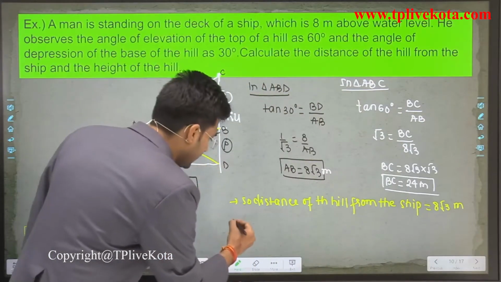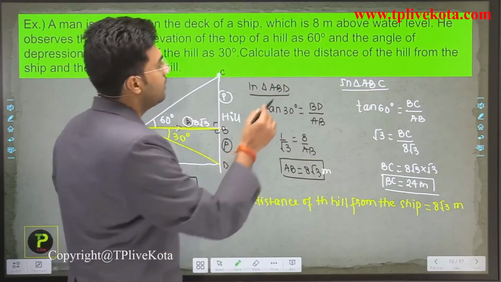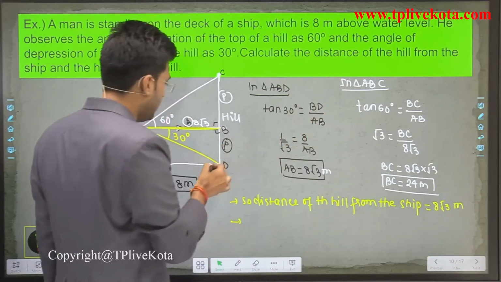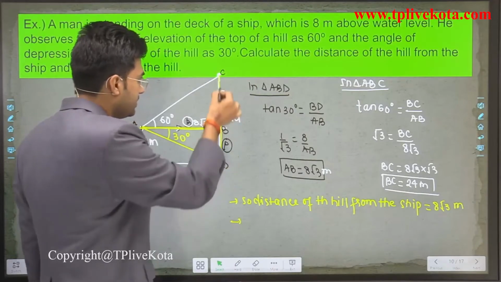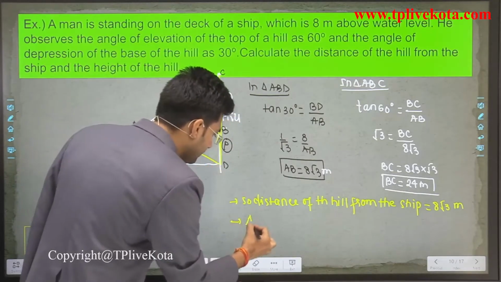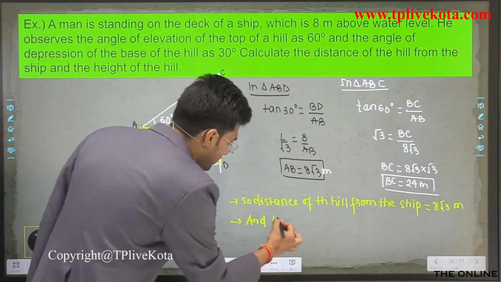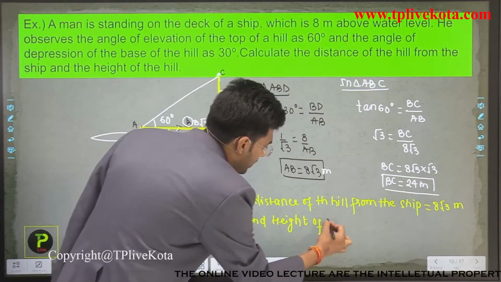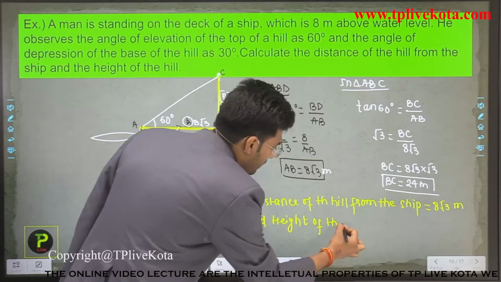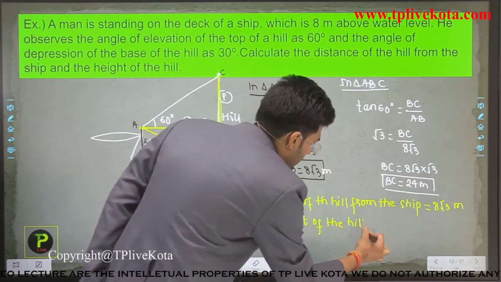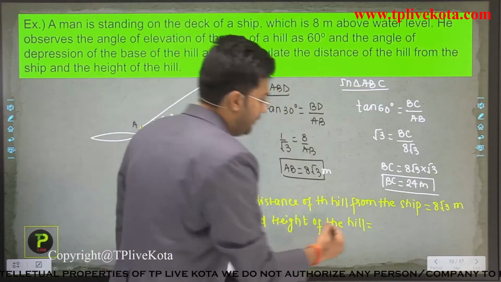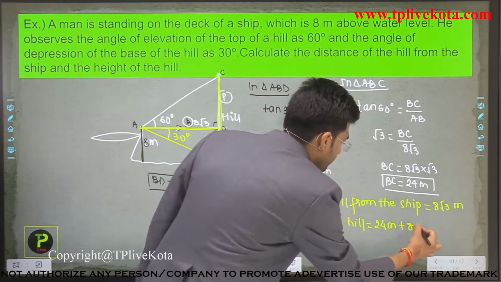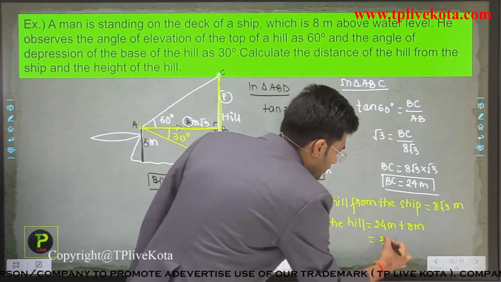Now second, we have to find the height of the hill. Height of the hill is this complete CD. Height of the hill is equal to 24 meter plus 8 meter, which is equal to 32 meter.